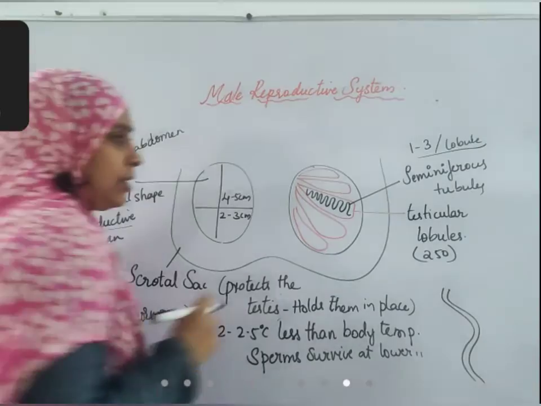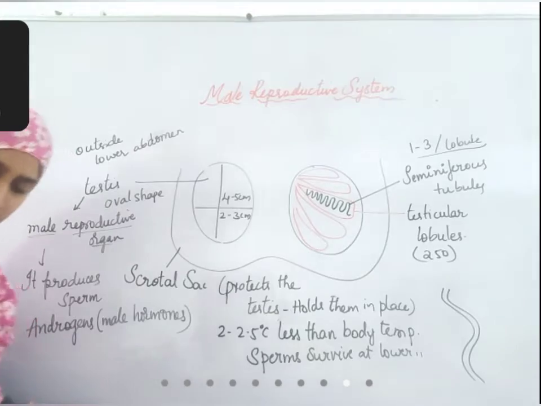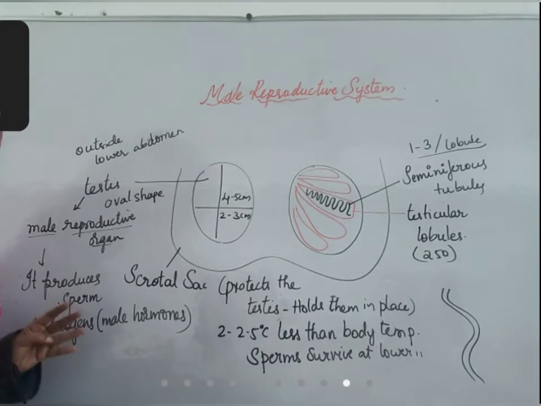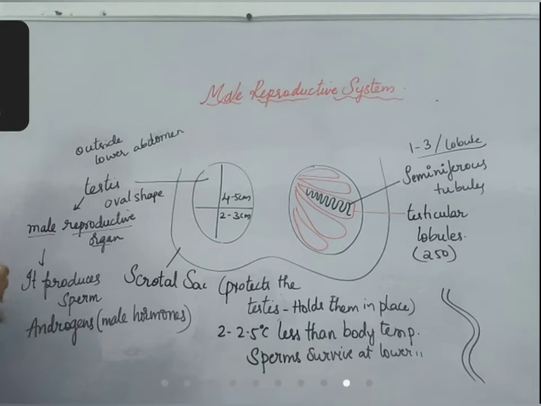The seminiferous tubules are made up of two types of cells. What are the two types of cells?